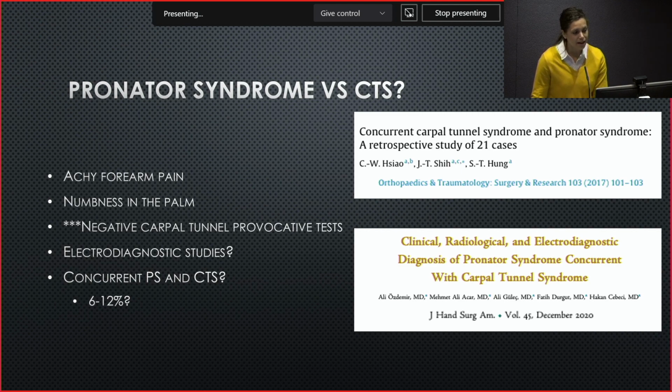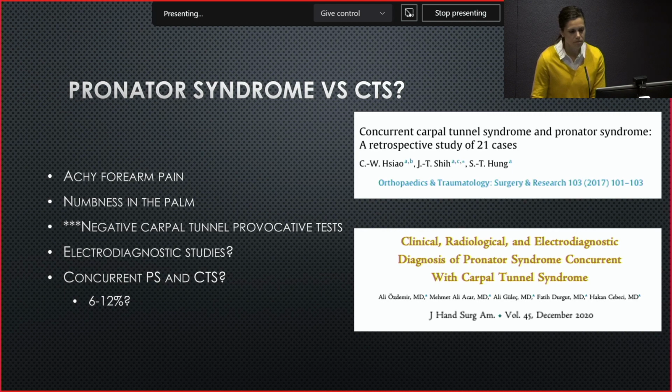And they may have negative carpal tunnel provocative tests like Tinel's and Phelan's and Durkan's, but that's not always true because there can be some patients that present with both pronator and carpal tunnel syndrome, especially if you believe in double crush syndrome. Unfortunately, electrodiagnostic studies are not helpful in most cases for pronator syndrome, so it's truly a clinical diagnosis.